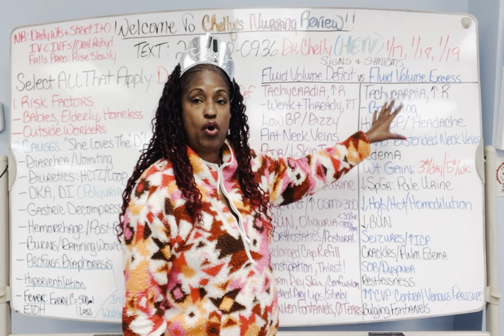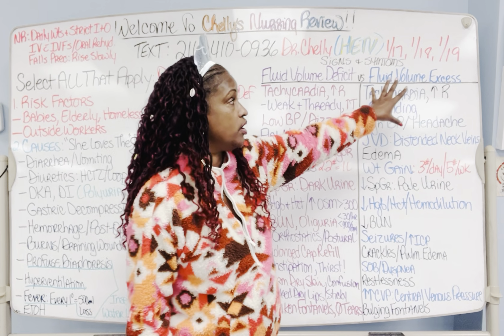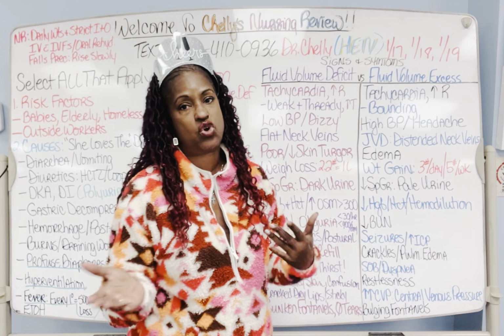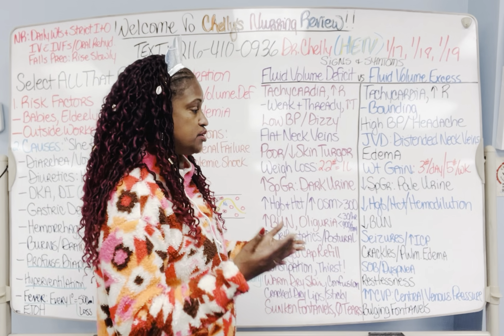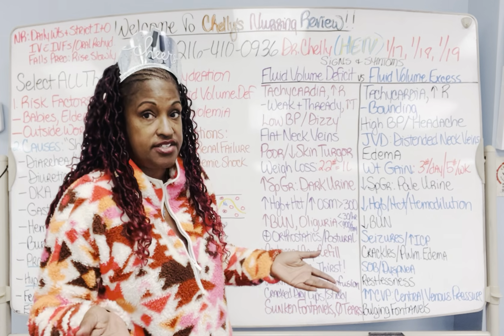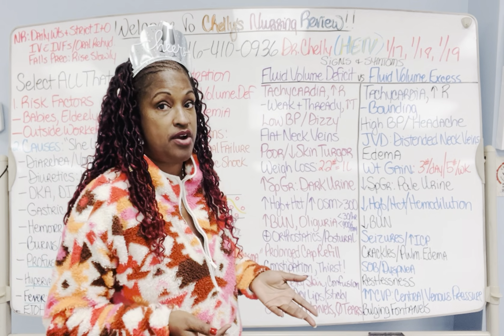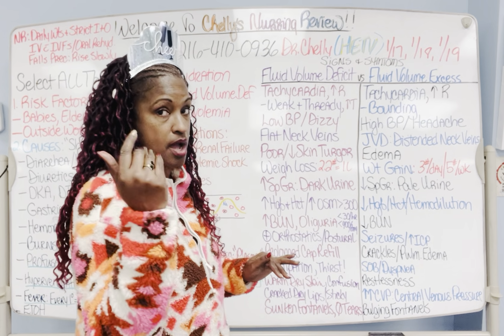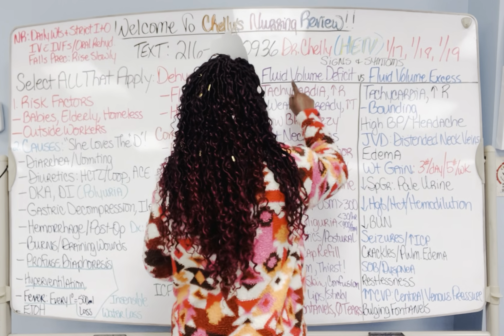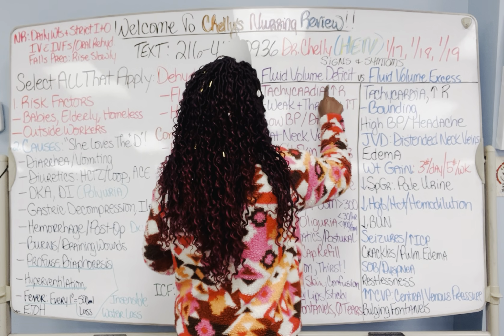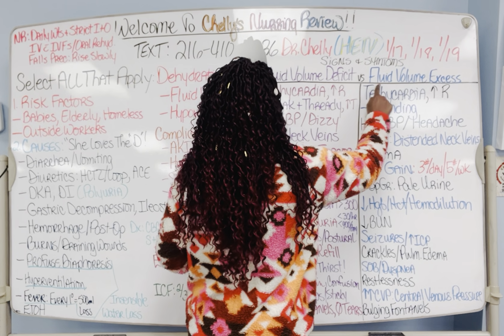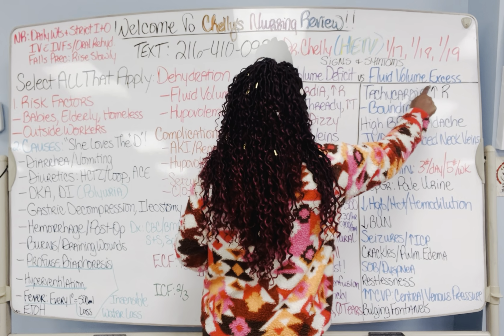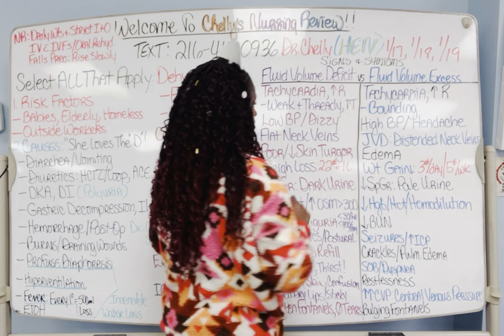So the only point of putting this up on the board under fluid volume excess is just to show the difference. And for the most part, there are a lot of opposites, not entirely, but a ton of opposites. So come with me, watch this. Fluid volume deficit versus fluid volume excess, signs and symptoms.